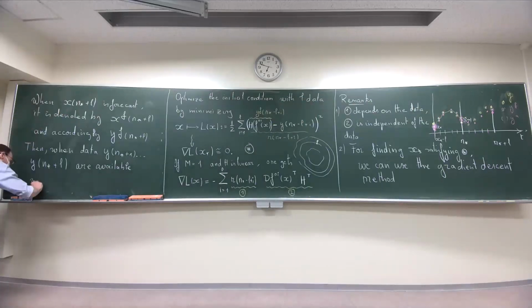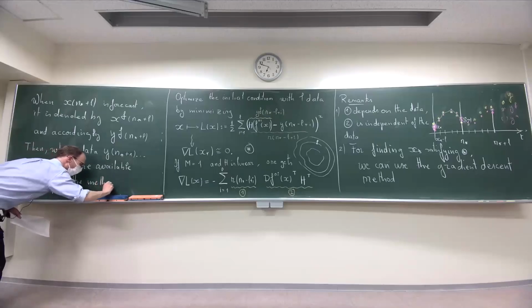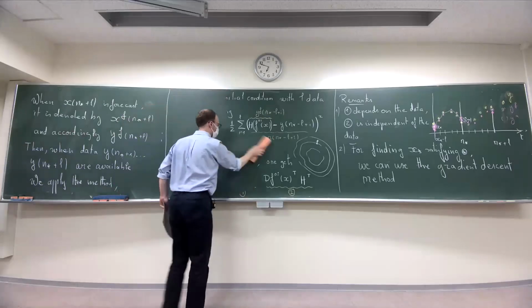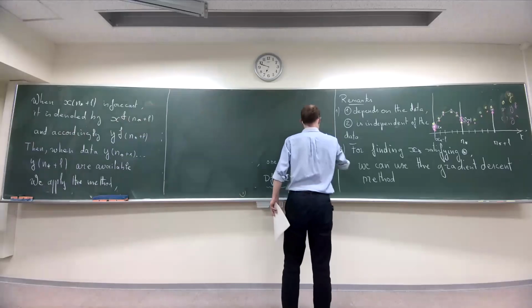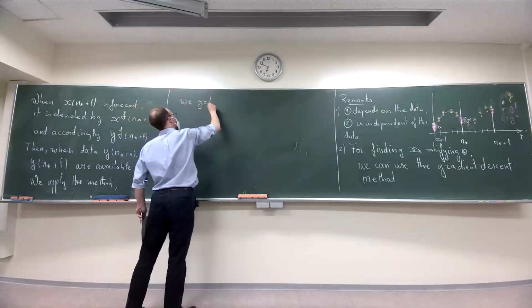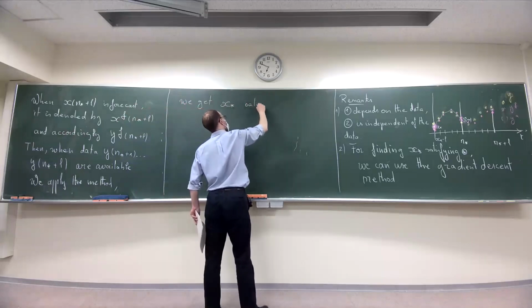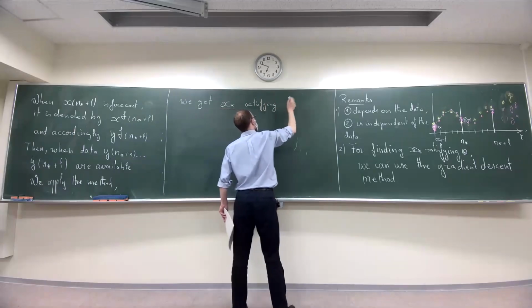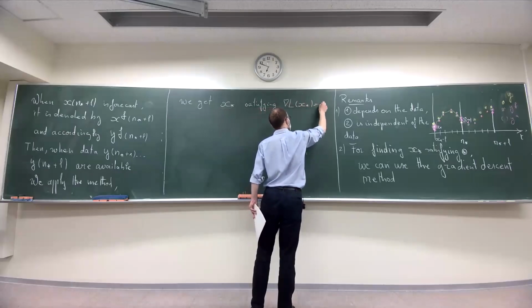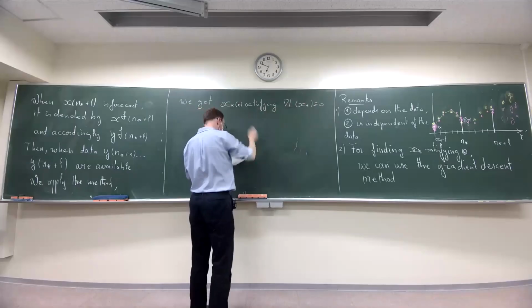So we apply the method, and we get x star satisfying gradient of L at x star equal to 0, and I should write the gradient at time n star, I guess.